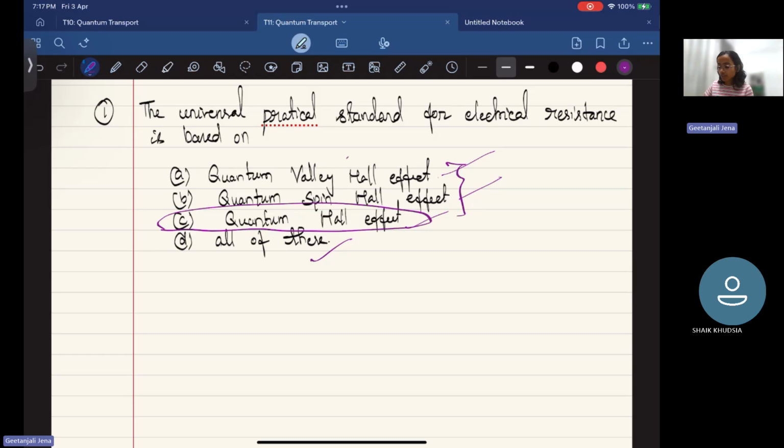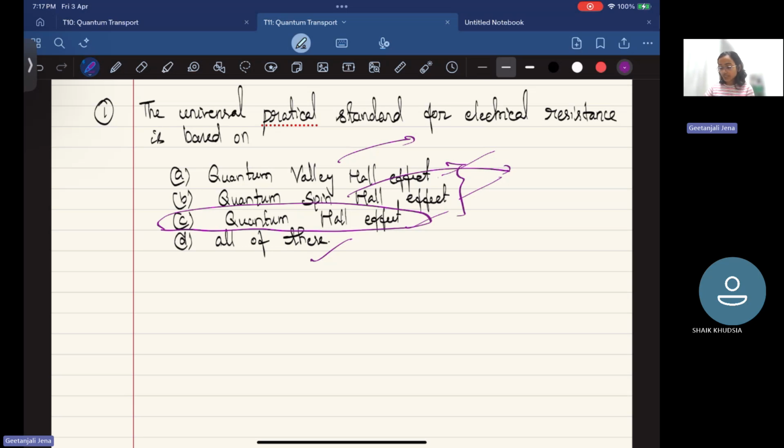Because quantum valley Hall effect is a different concept, which is quite different from quantum Hall effect. Although we say quantum valley Hall effect, it is different from the actual quantum Hall effect. Similarly, quantum spin Hall effect is also different.